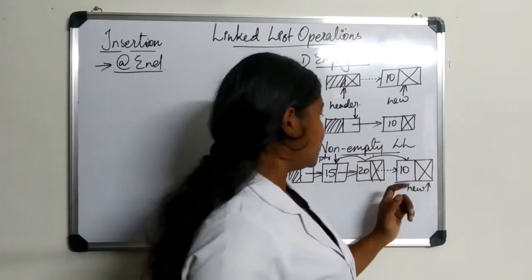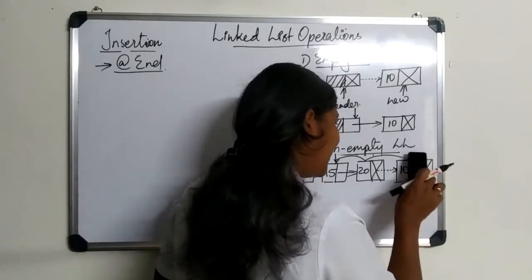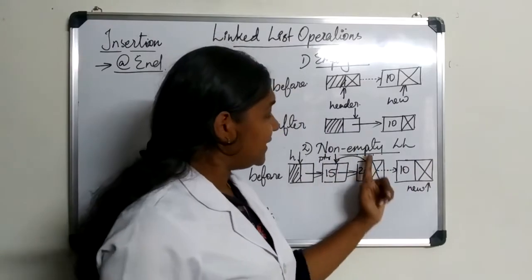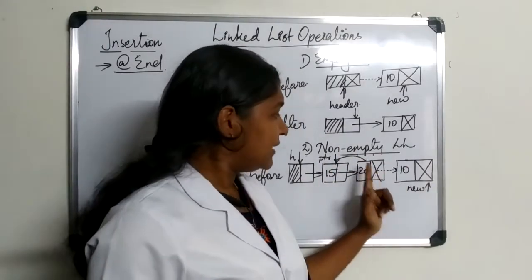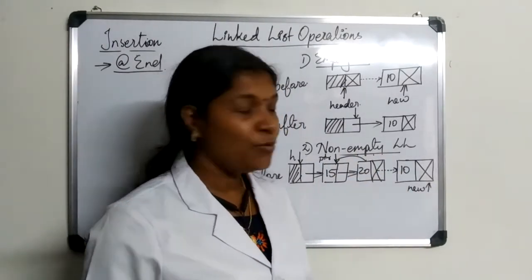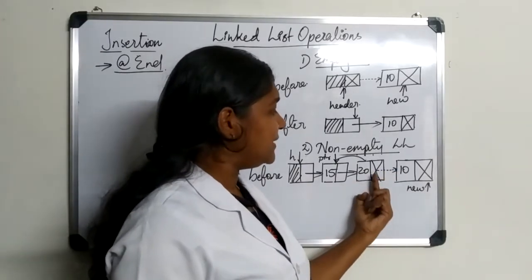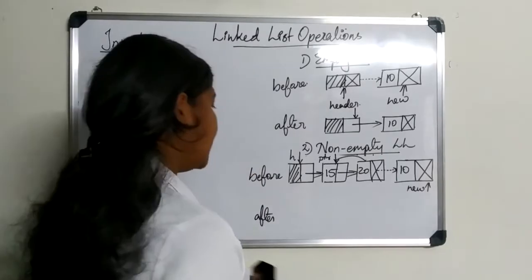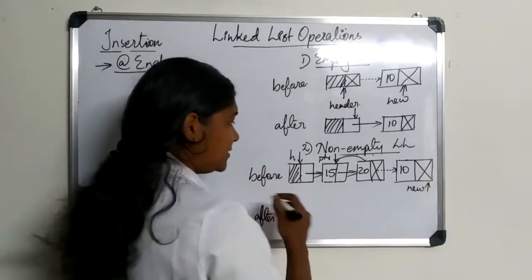This is our new node, I forgot it. We should traverse ptr to reach the last node. On reaching the last node, we should come out of the loop. Then we can simply reset ptr.next is equal to new. Is that simple? So after insertion, that we will consider in our code.